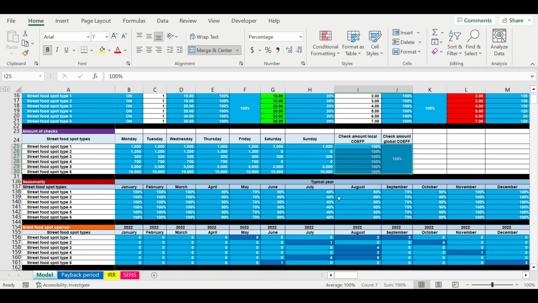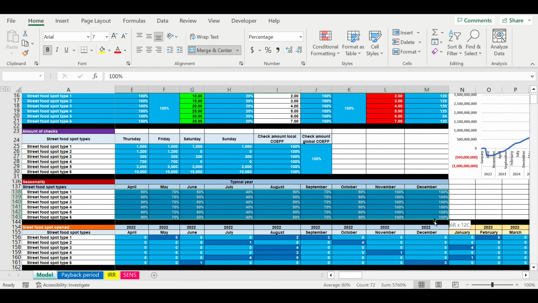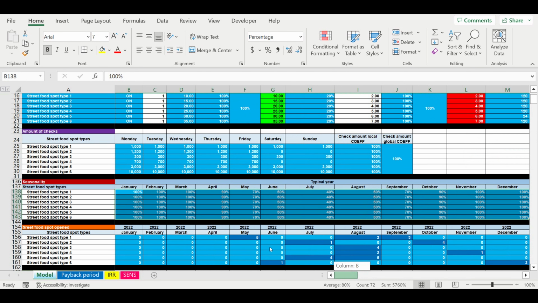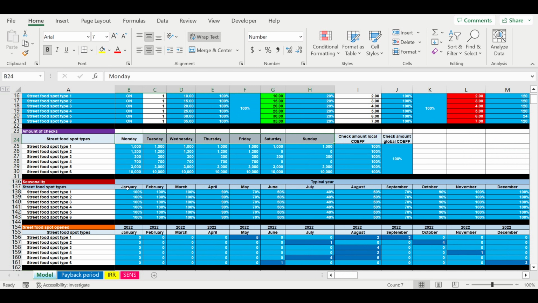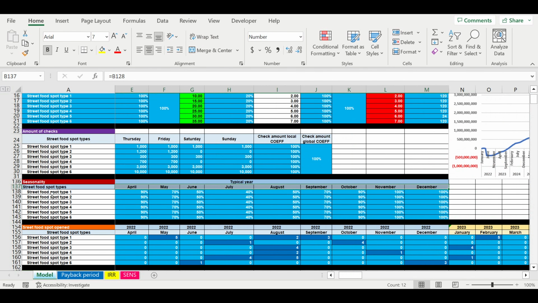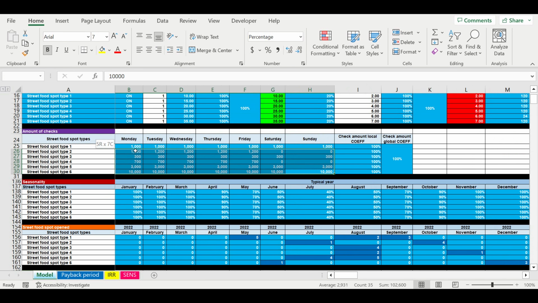Then we describe the seasonality of revenues inside the typical year. First of all, we describe the typical week. Then we describe the revenue of this or that street food spot inside the typical year, and we say that this amount of checks is 100%.